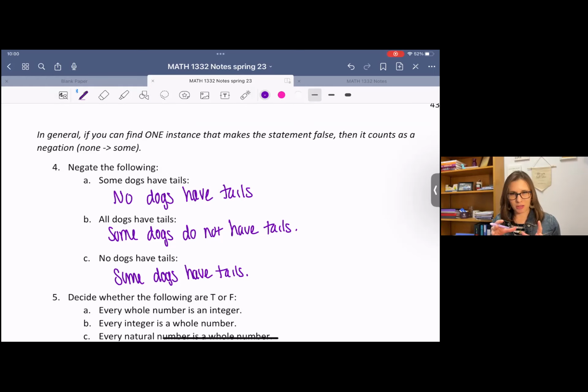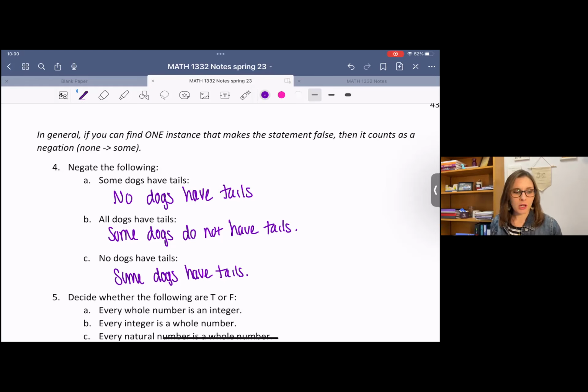And so we'll just say the dogs with a docked tail have no tail. Anyway, that may help figure these out. But if I say some dogs have tails, that's a true statement. And then the negation would be no dogs have tails. Well, that's false, because I can find some dogs who have tails. My two dogs don't have tails, but I do know dogs who have tails.